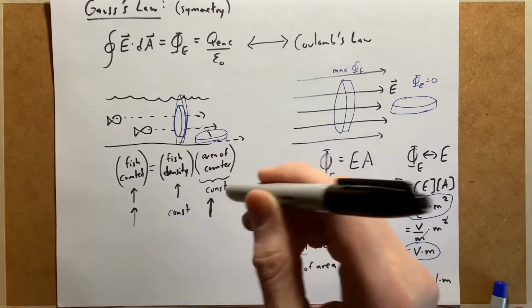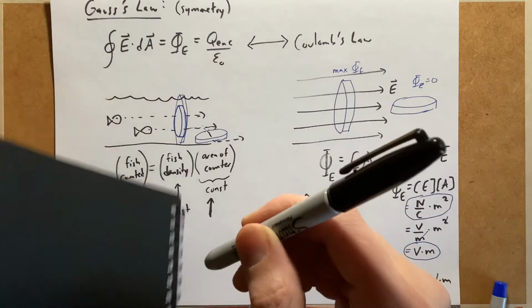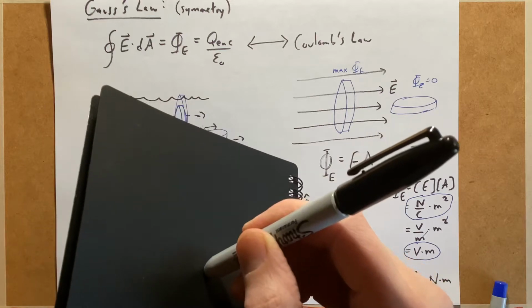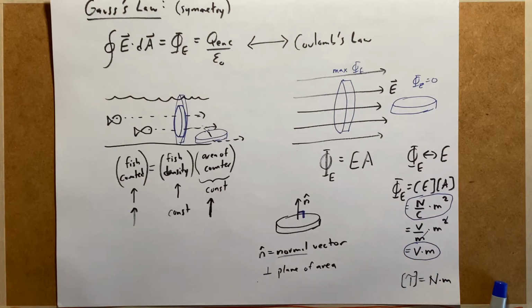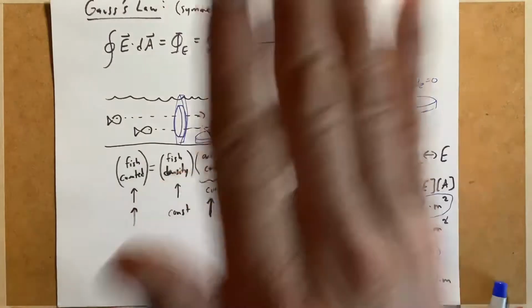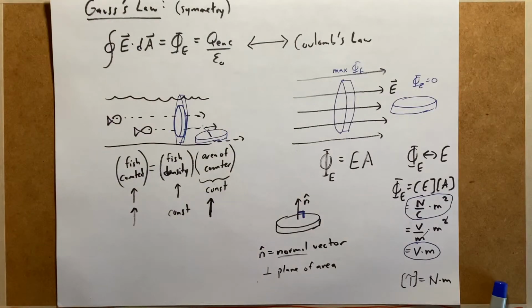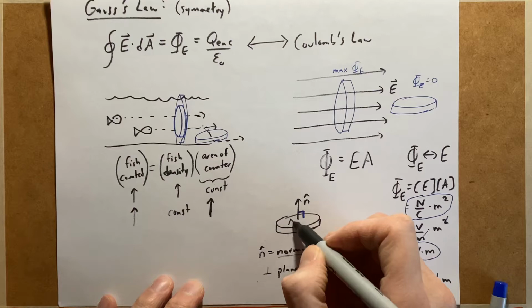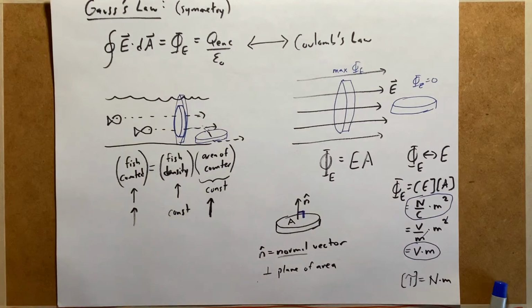If I tell you the normal vector points like this, then you know that there's an area like this. So it's a very convenient way with a single arrow to talk about one slice, one plane of 3D space and talk about where in 3D space that area is actually sitting. So this is the entire area, and then this is the normal vector that is perpendicular to that whole thing.